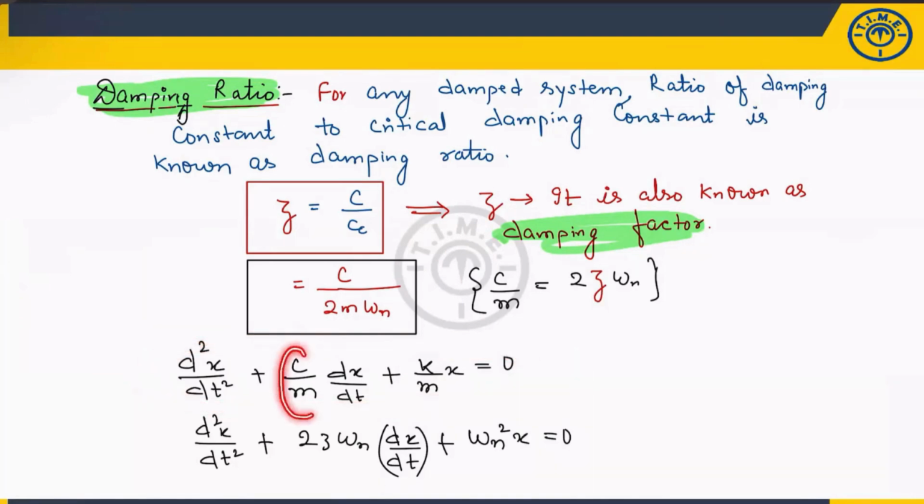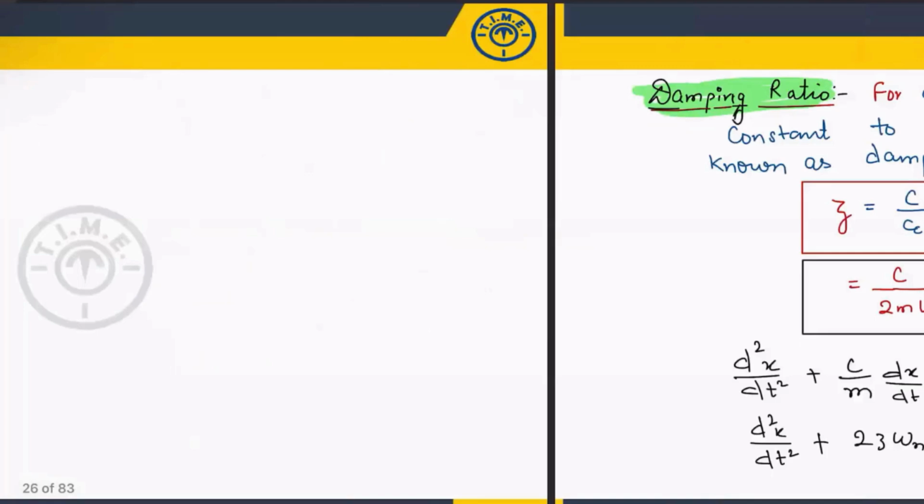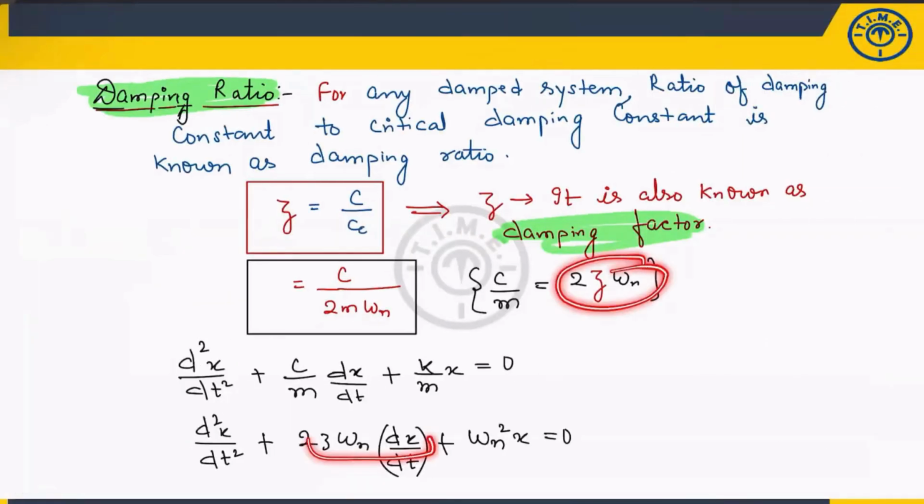Instead of C by m, if I put this 2 zeta omega n here, I will again get the two roots of the equation. Based on that, I will again define critical damping, over damping, and under damping. These three are important parameters.